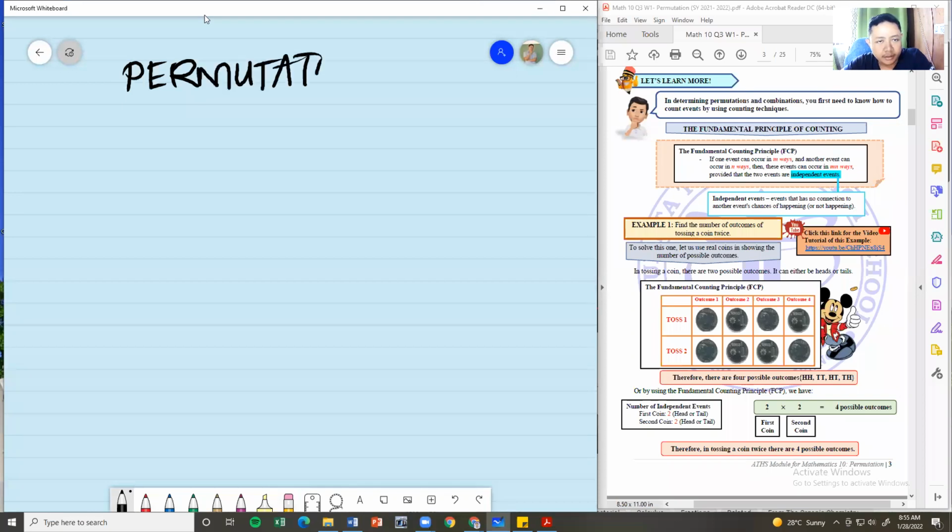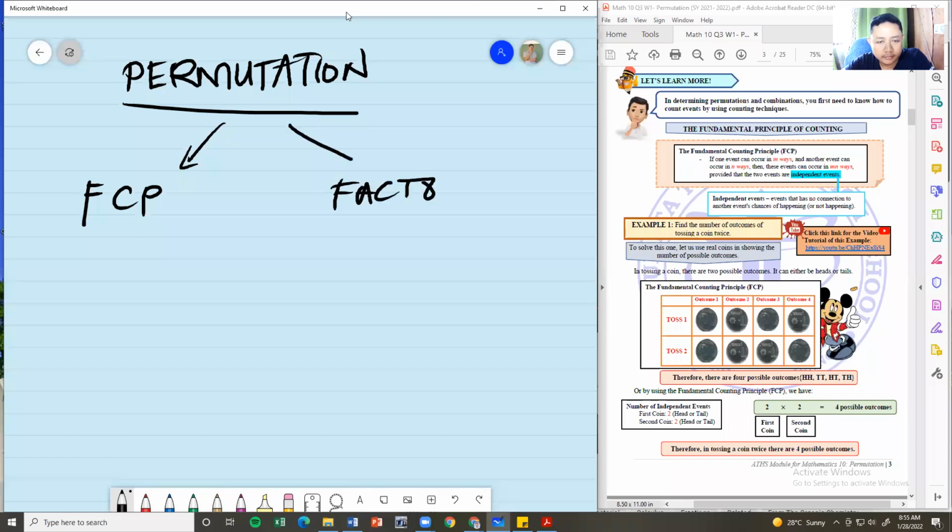But before we learn permutation, let's be familiarized first with FCP, or the fundamental counting principles, and the factorial. Why? Because these are the two topics that will make up the concept of permutation. Okay, so let's keep going.